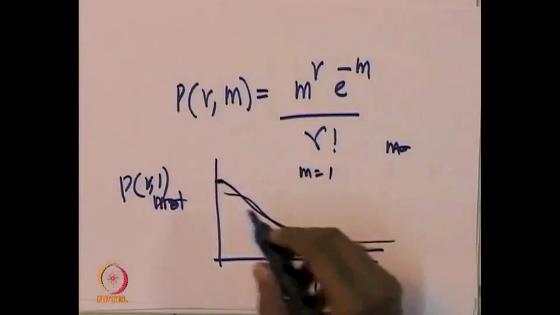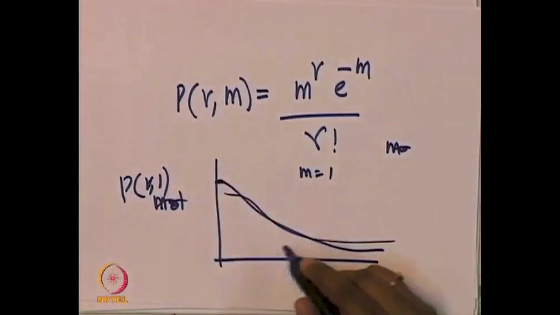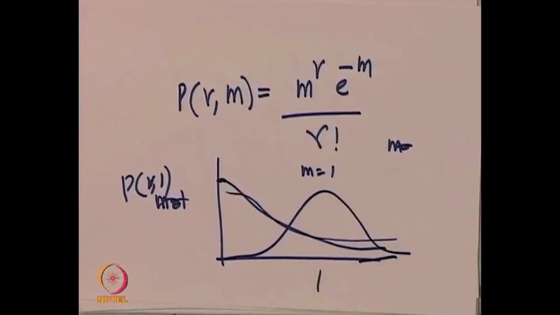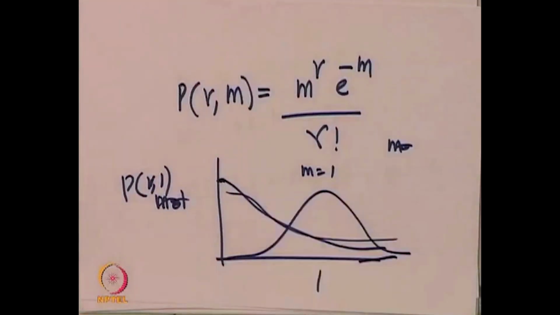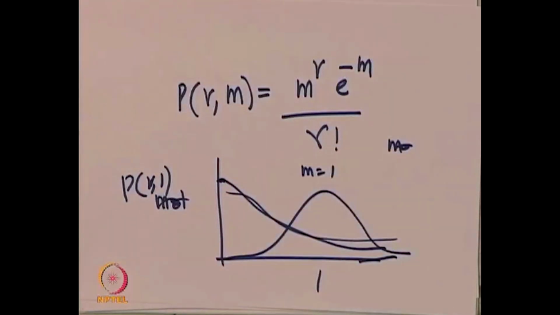So, we can plot P(r, m) for each m, and for m very large, it can look something like this. The shape of this curve will depend on the value of m. So, do plot this for different values of m and see what you get. For some intermediate value of m, like 5 or 6, it might look something like this.